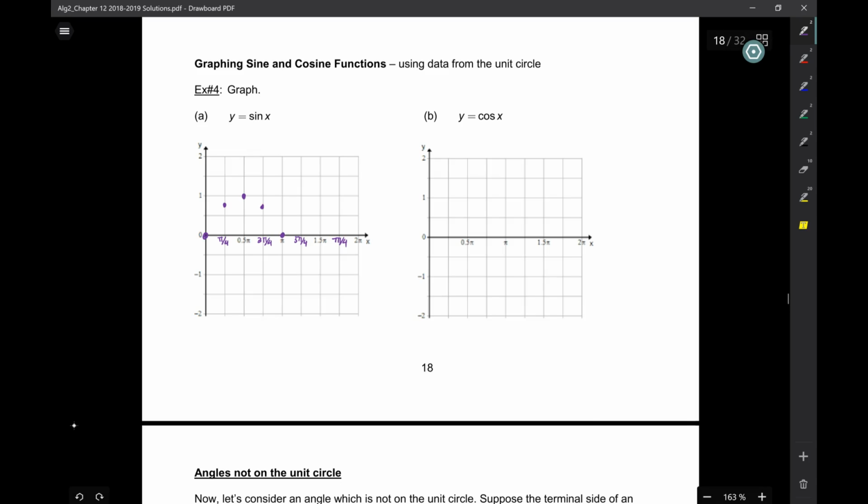At 5 pi over 4, negative 0.7. At 3 pi over 2, negative 1. Then negative 0.7, and then 0. Look at that beautiful, beautiful sine curve.